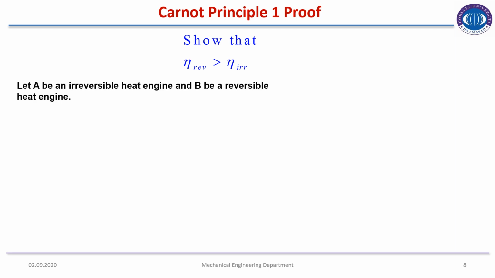So we have to show that eta reversible, or efficiency of the reversible heat engine, is greater than the efficiency of the irreversible heat engine.